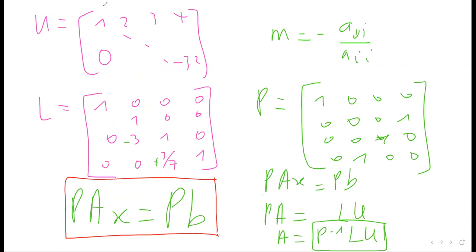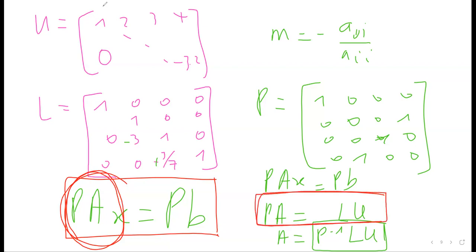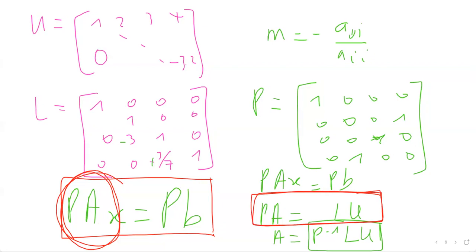Right? So if we take this part, your PA is equal to your LU, and now A is equal to P inverse of LU. My question is, which L are we using here?